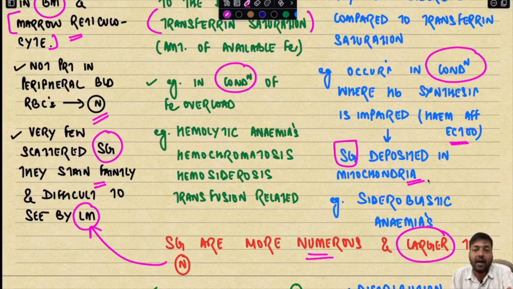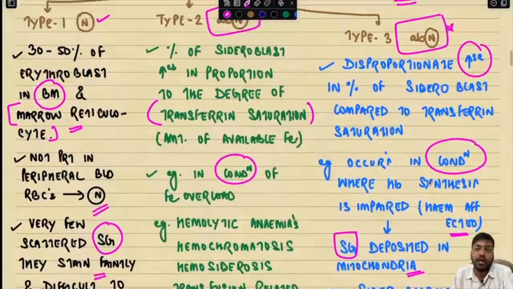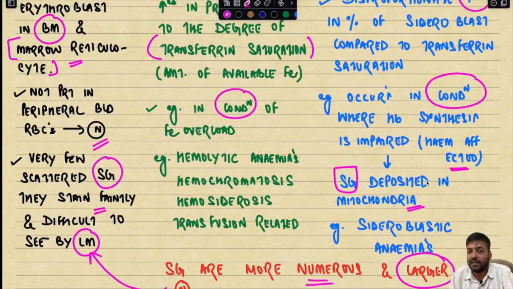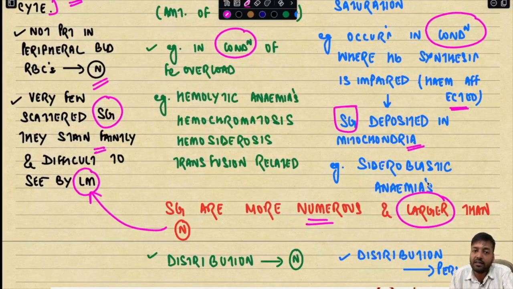Such granules are mainly seen in sideroblastic anemia. So type 3 abnormal sideroblasts are seen in sideroblastic anemia. Just like type 2, the siderotic granules are more numerous and larger than the normally few and scattered granules.